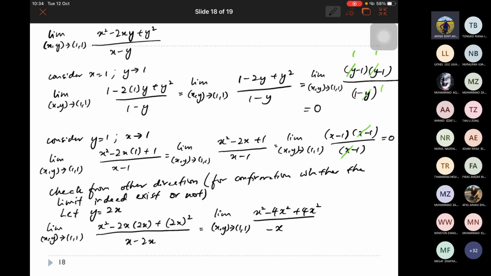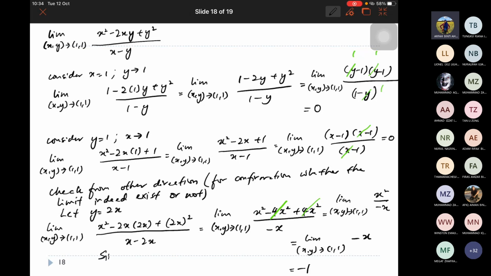So akan dapat minus x squared over x, limit of xy approaches 1, x squared over minus x. So akan dapat negative of x, so dapat sama dengan negatif 1.